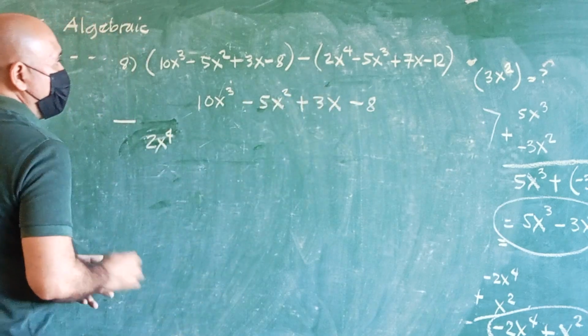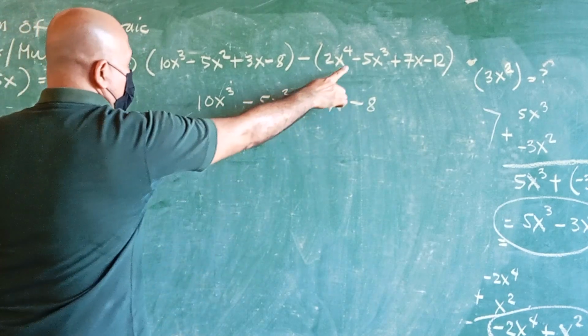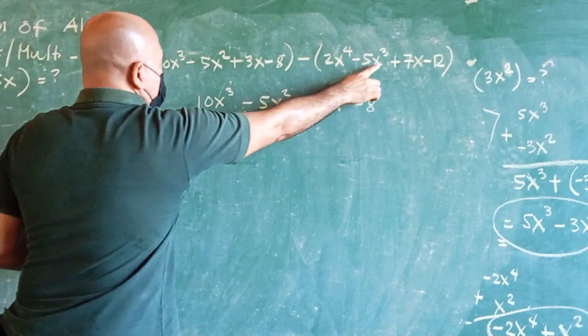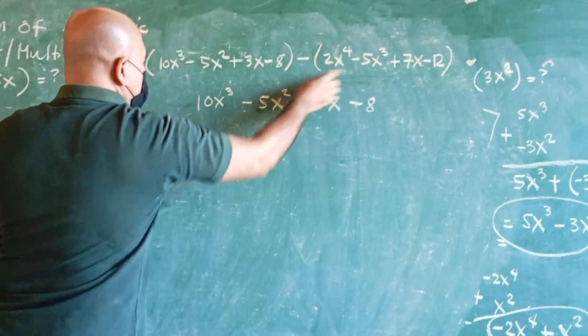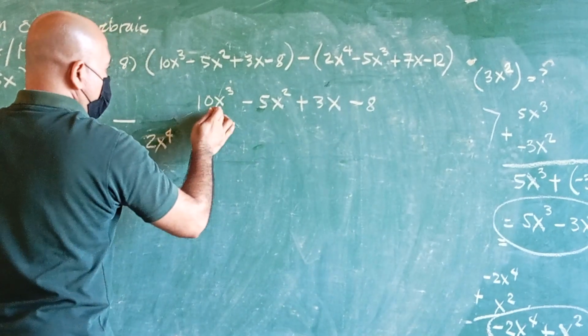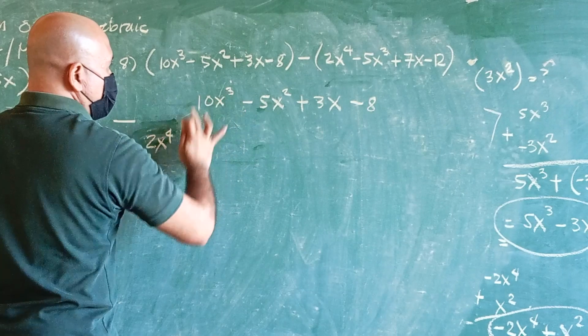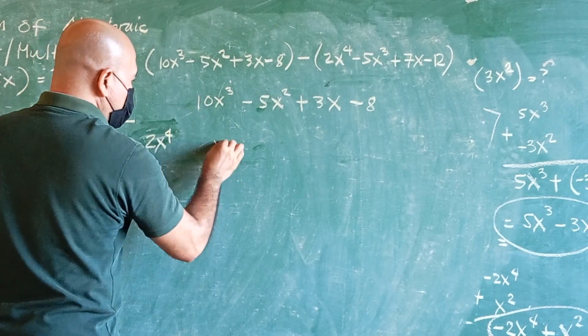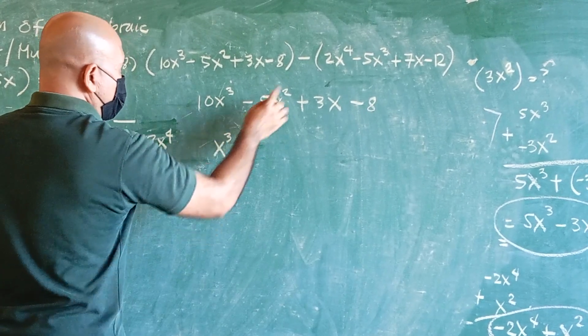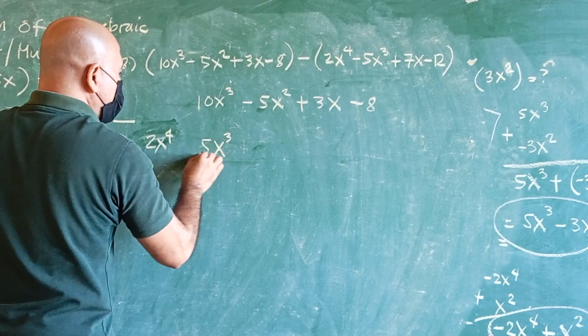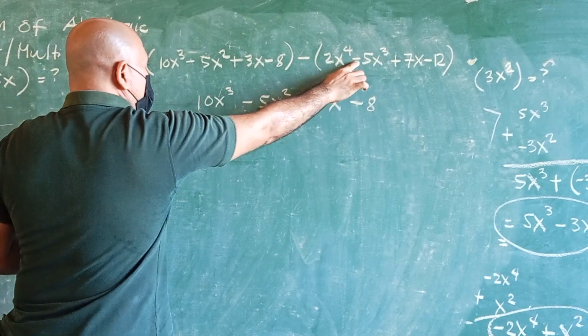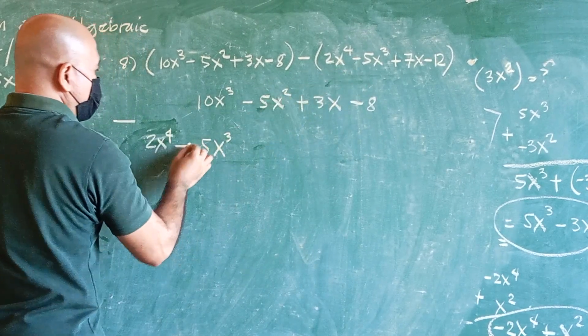And for this one, for x cubed, you have to place this below 10x cubed because these are similar terms. So x cubed, and that is 5. Since it is minus, you copy also minus here.